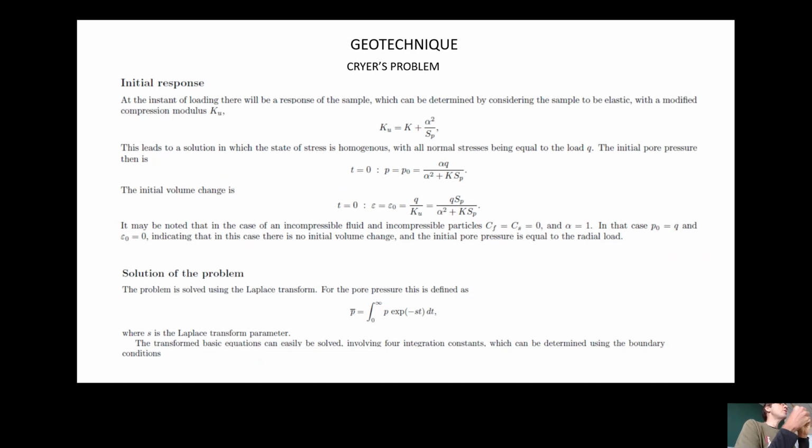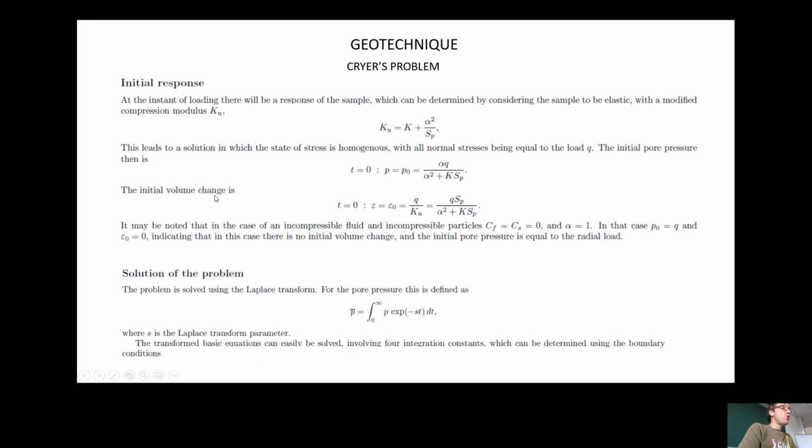This leads to a solution in which the state of stress is homogeneous, with all normal stresses being equal to the load Q. So the initial pore pressure at t equal 0 is P0, equal to α Q over (α² + K S_p).